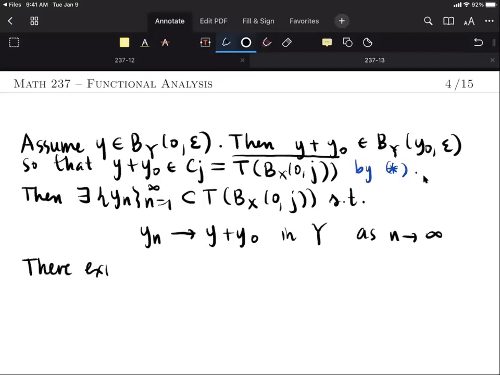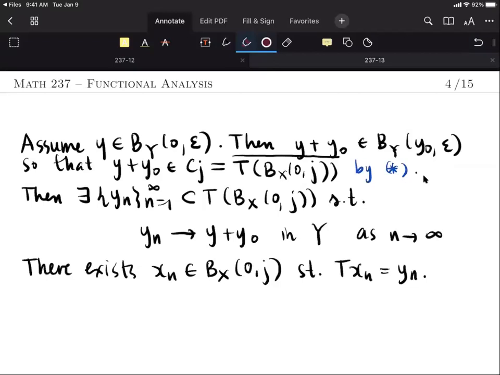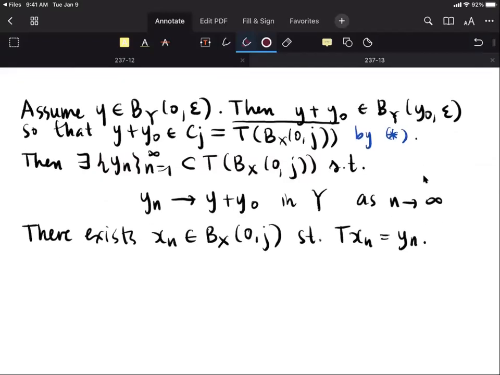For each n, there exists x sub n in the ball centered at 0 with radius j, such that T of x_n is equal to y_n. That is due to the fact that y_n is in this image set. So y_n must be the image of some element of the ball B(0, j).